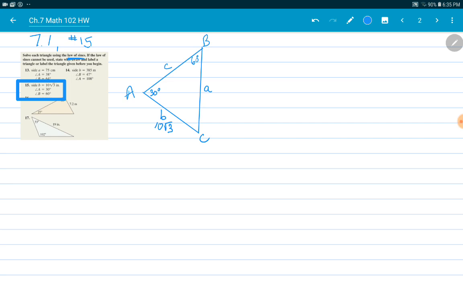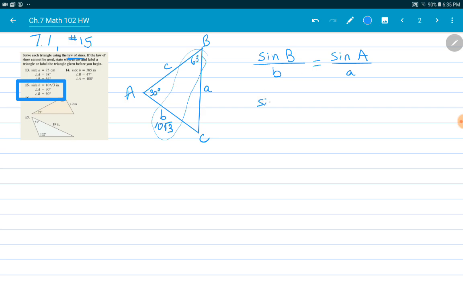So to use the law of sines, the ratio I have is the B's. So I have sine of B is to side B as sine of the other angle, the other information I have, is the angle A. So I'll use that. And I don't know side A, but I'll find it using this.